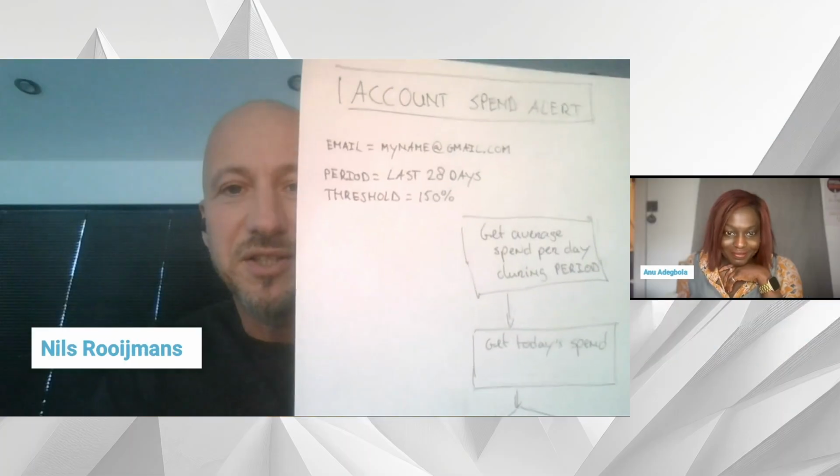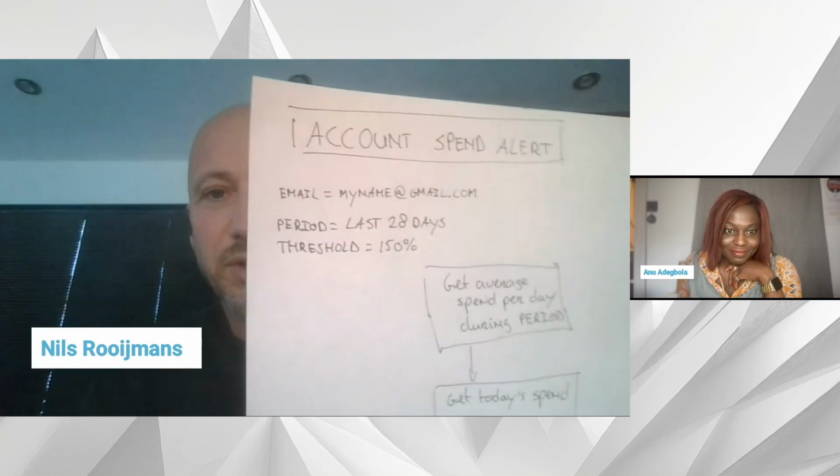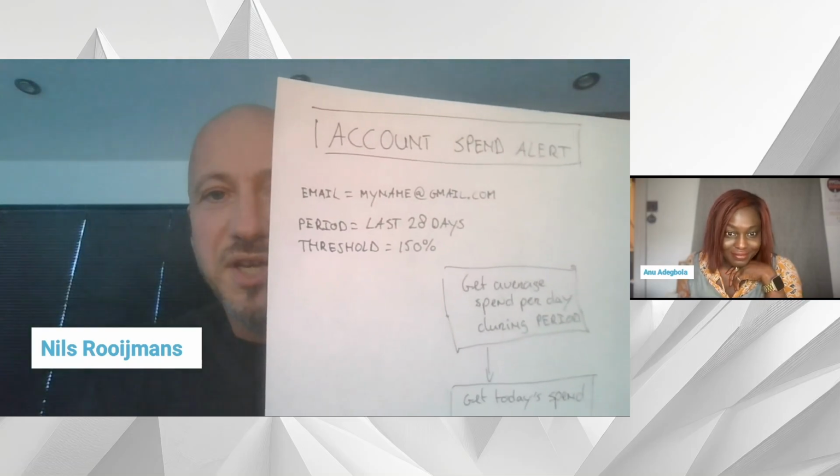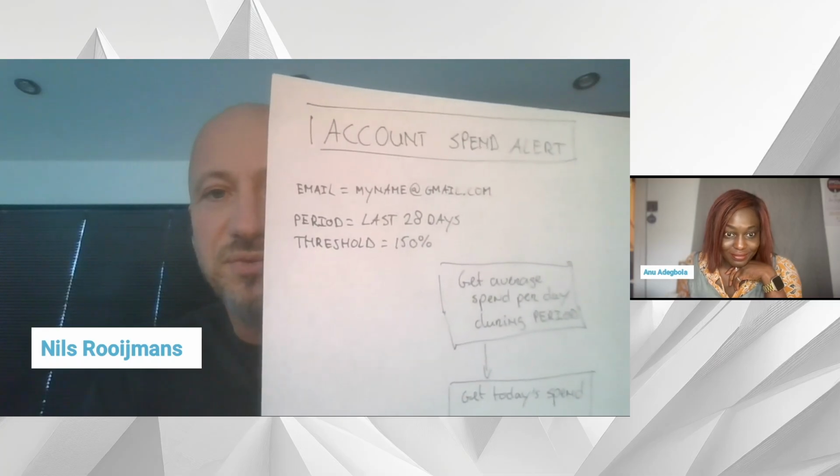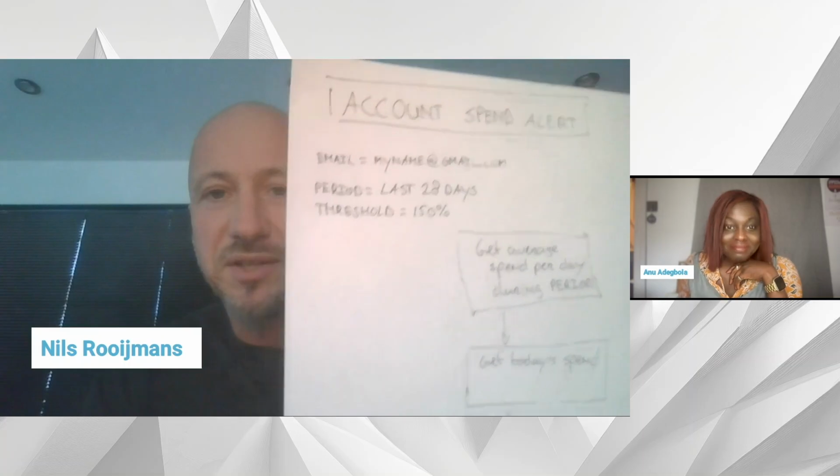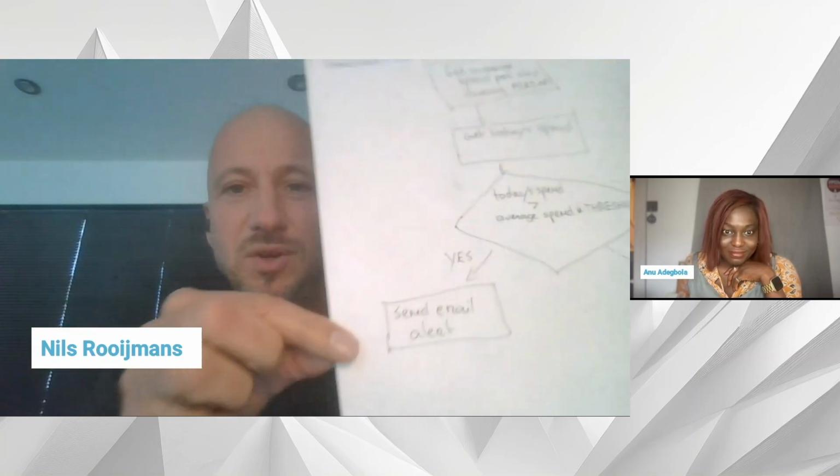I've literally tested this afternoon, so I'm not sure if this is clear on the camera, but this is a flow chart. I've literally written down a flow chart because I needed a script that would send me an alert if today's spend is over 150% of the average spend of the last 4 weeks. So I've literally drawn this on this piece of paper.